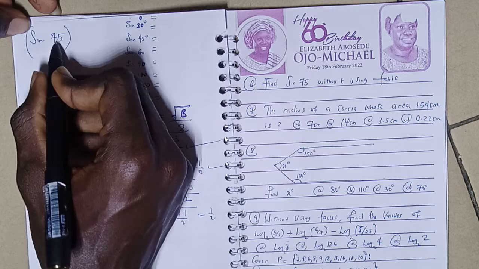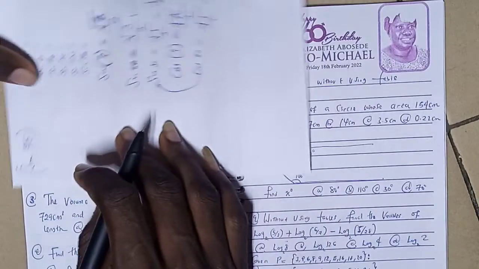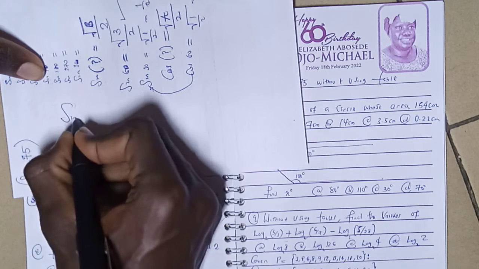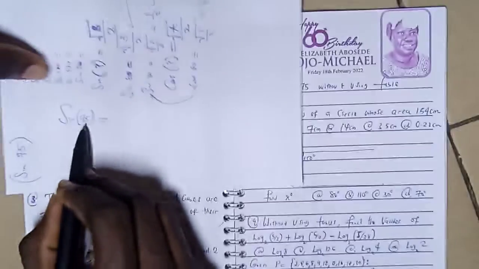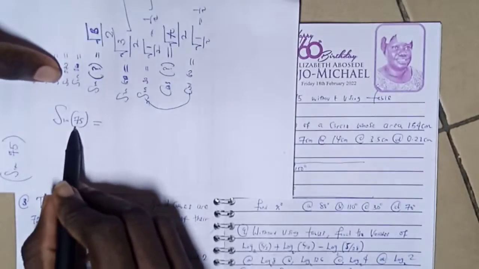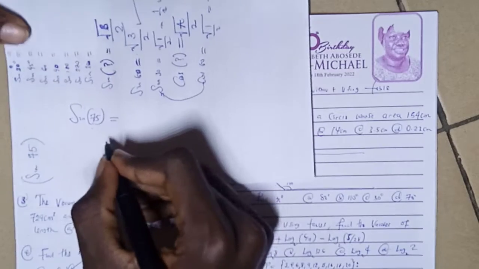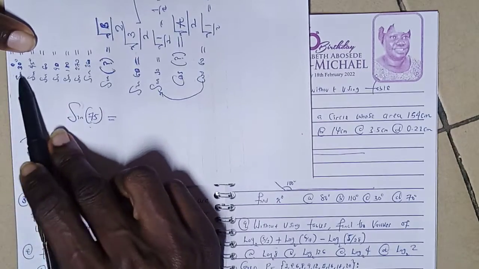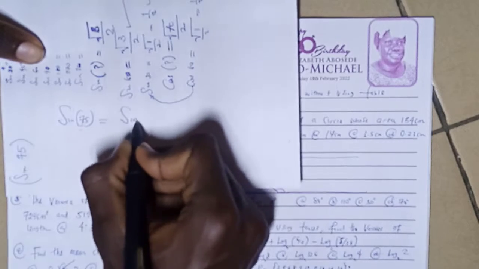Now back to our question without using a calculator. Let's find sine 75. To find the value of sine 75, we have to break it down into a sum of angles using those same special angles. What can I use among these special angles to get 75?